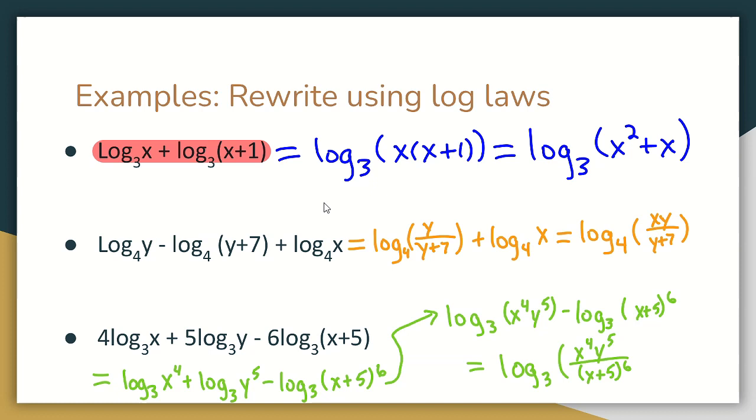Remember that we can't have an argument of 0 or anything that's negative. So when x is less than 0, this doesn't work. So x must be greater than or equal, no, just greater than 0.